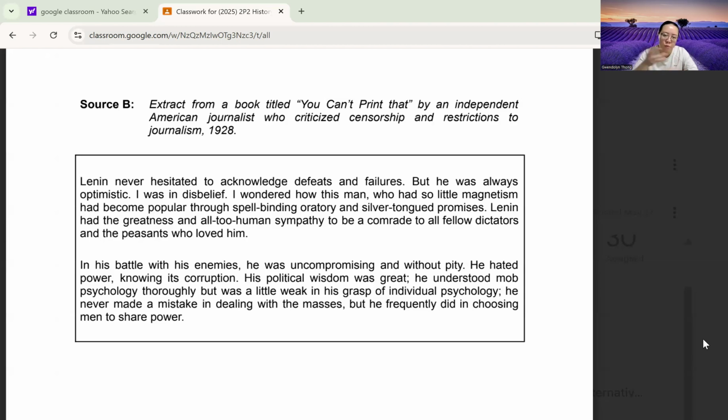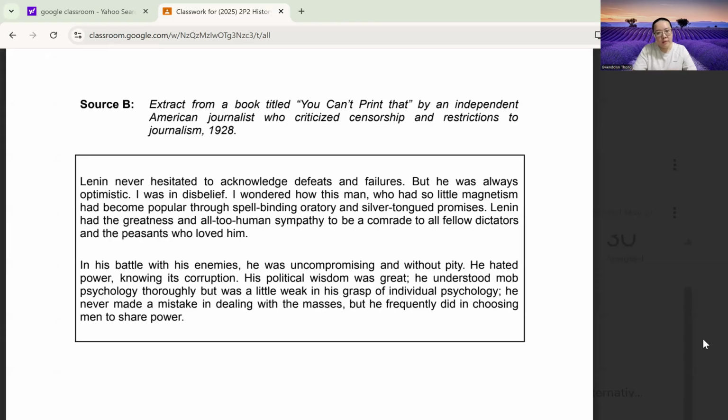Even in his criticism of Lenin, I think it is written in a way to emphasize even more his strength, that in spite of his inherent weaknesses, he still managed to achieve great things.